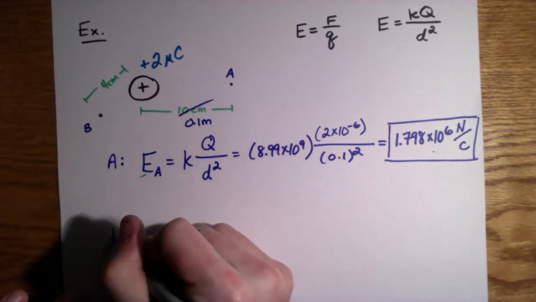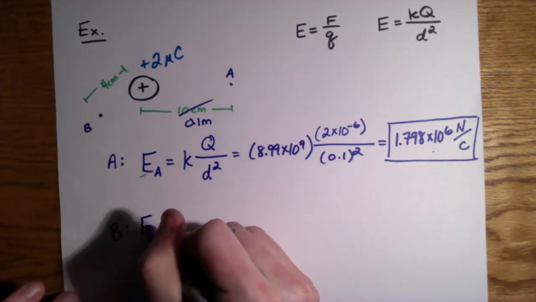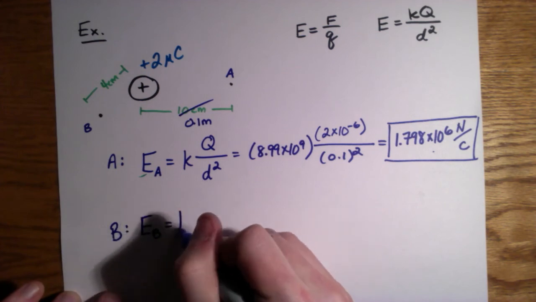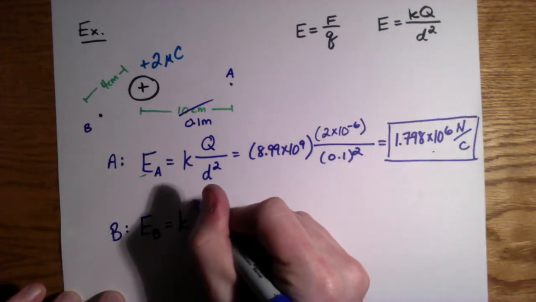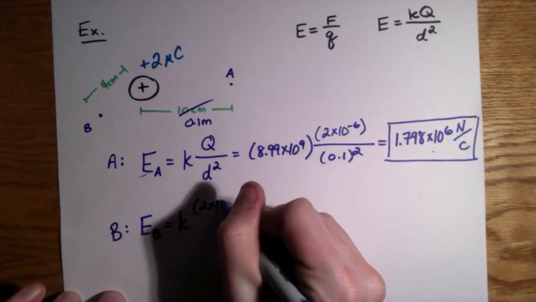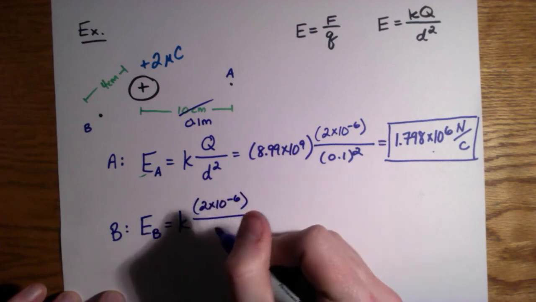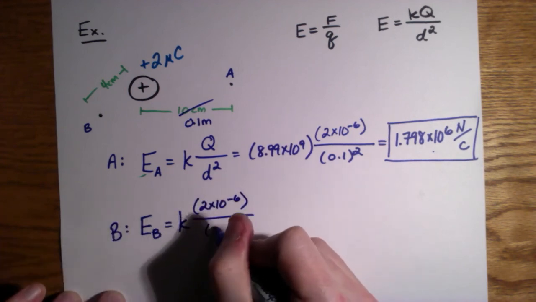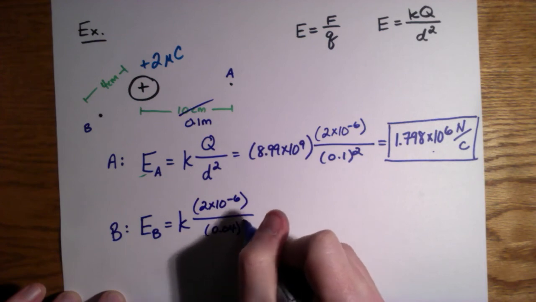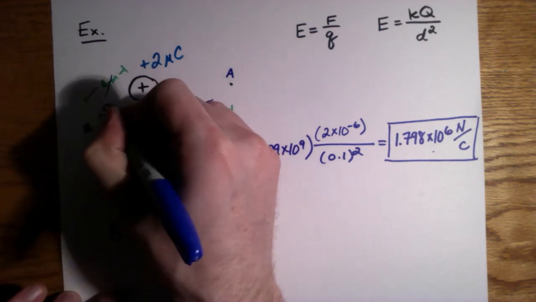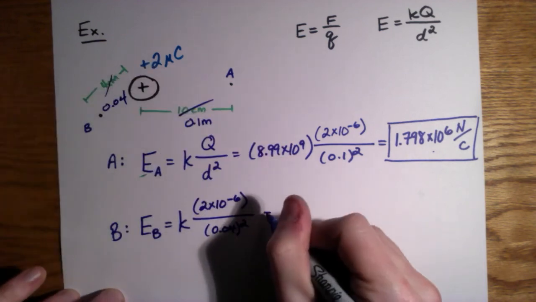So if I want to do the same thing for B, I would say the electric field strength at B is equal to Coulomb's constant times the source charge, which is 2 times 10 to the negative 6, or 2 microcoulombs. The distance, however, now is 0.04 meters, because we don't like centimeters, and I have to square that value.